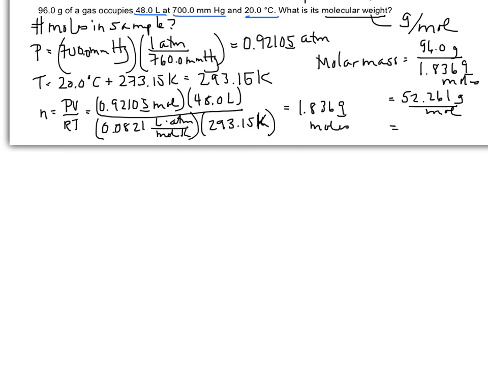Rounded to the right number of sig figs, we get 52.3 grams per mole. So for this sample, when we had 96 grams, we had approximately 1.8 moles. But if we only had 1 mole, we would have 52.3 grams.